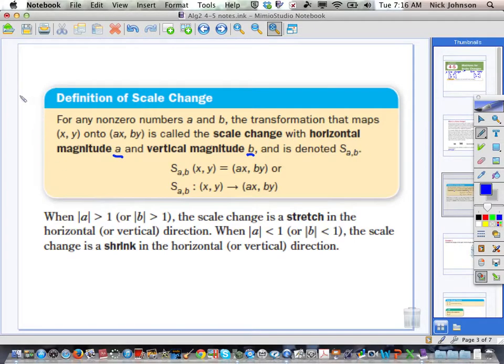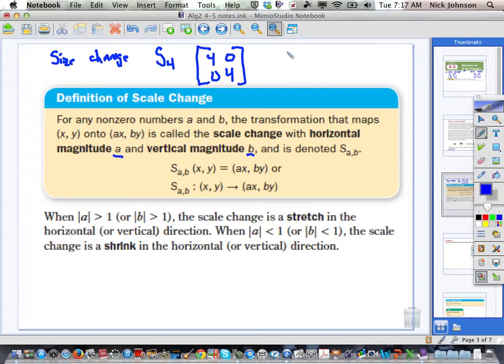If you remember our size change before, if we had a size change, remember S sub 4, that means 4 went here and here. This was 0 and 0.